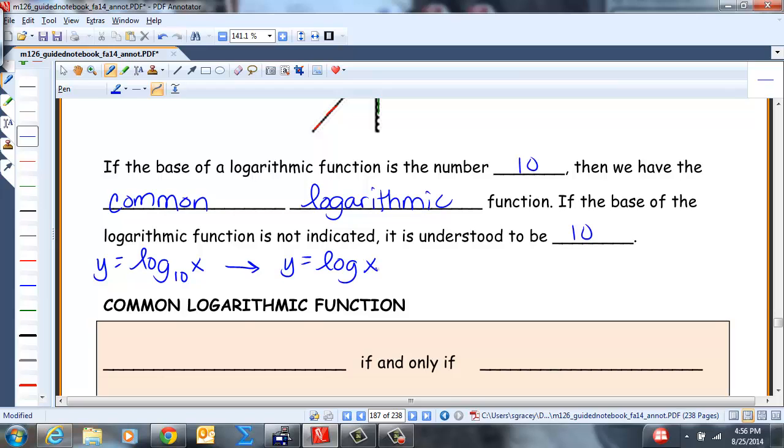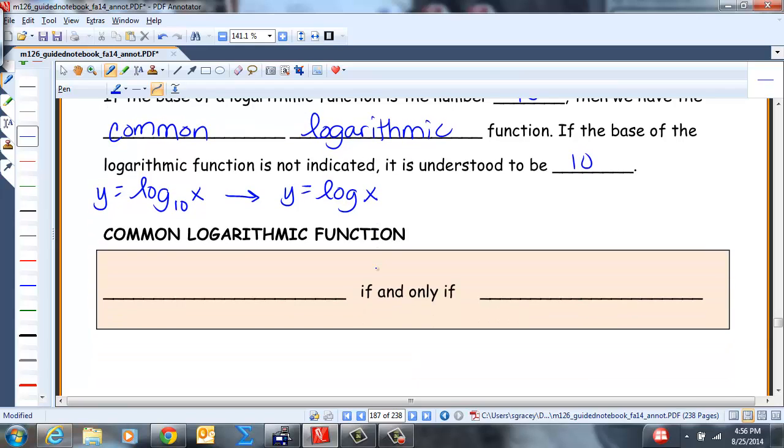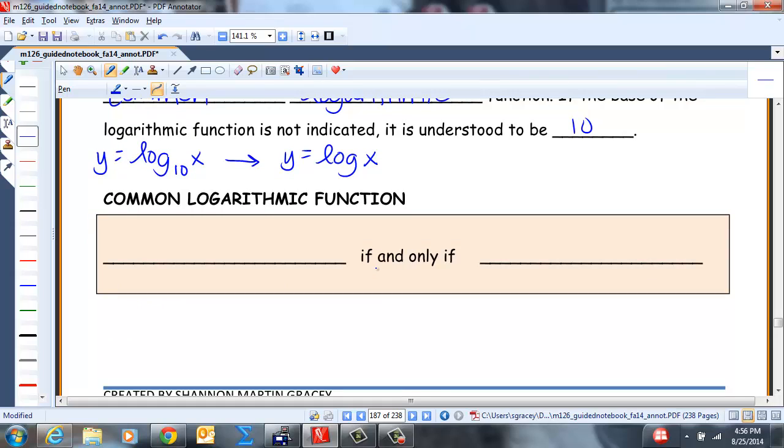You would just need to know that the base is 10 if you see that one. If you see ln of x, it's a base of, you got it, e. And if you see log of x, it is a base of 10. Okay, so y is equal to log of x if and only if 10 to the y is equal to x.